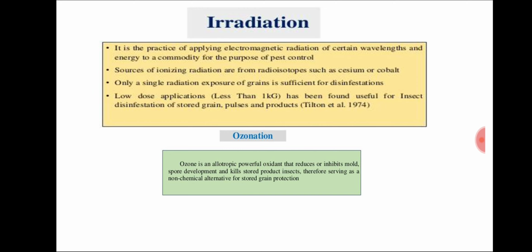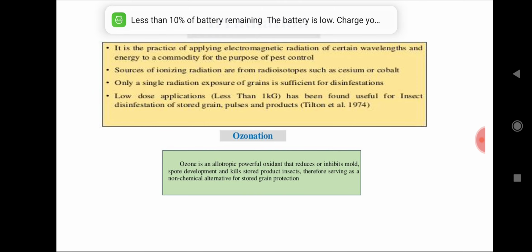Irradiation. It is the practice of applying electromagnetic radiation of certain wavelength and energy to the commodity for the purpose of pest control. Sources of ionizing radiation are radioisotopes such as cesium and cobalt. Only a single radiation exposure of the grain is sufficient for disinfestation.